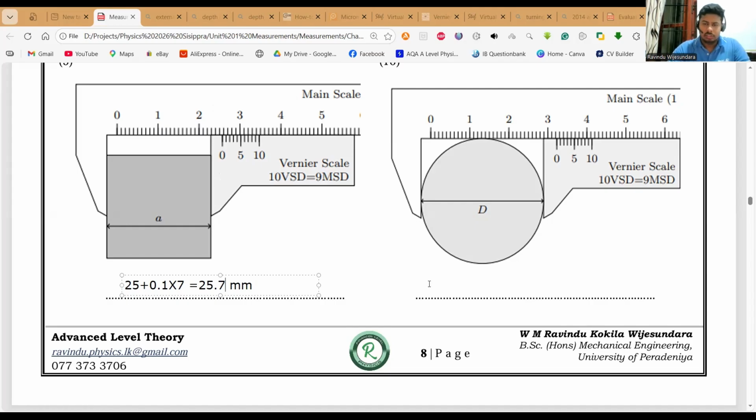So if you come to here, it's also a bit tricky. If you go here, 31, 32, 32 is the main scale reading, then 0.1 multiplied by, now we will look closely. What is the coinciding one? So 1, 2, 3. The third one is coinciding properly. All the others are not actually coinciding well.